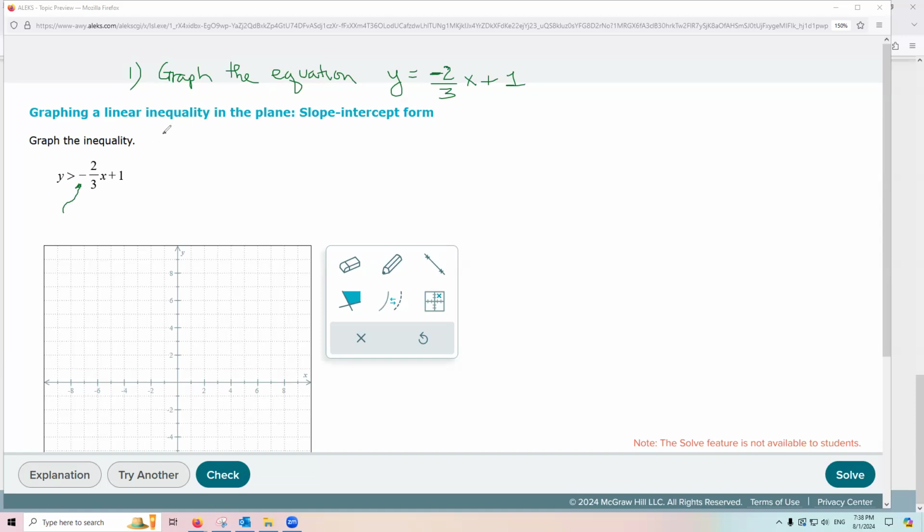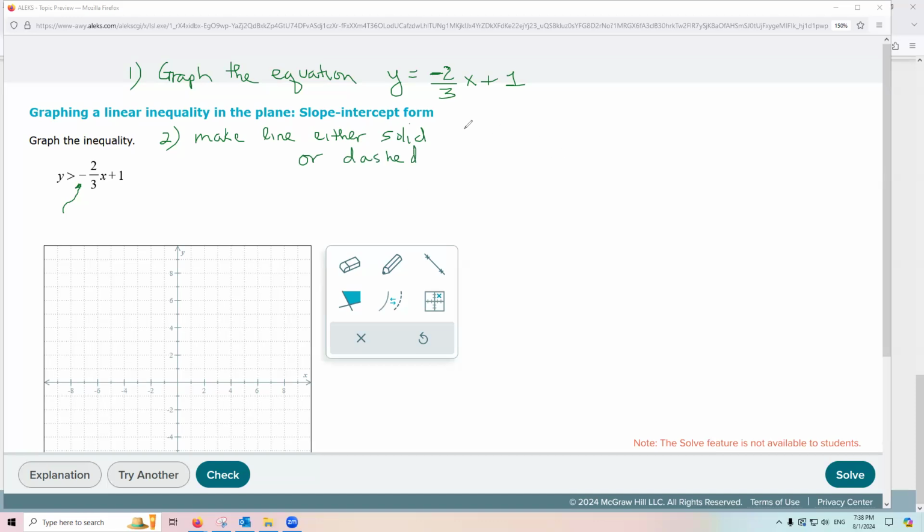Step two is, when you go to graph the line, make the line either solid or dashed. How will you know whether to make it solid or dashed?